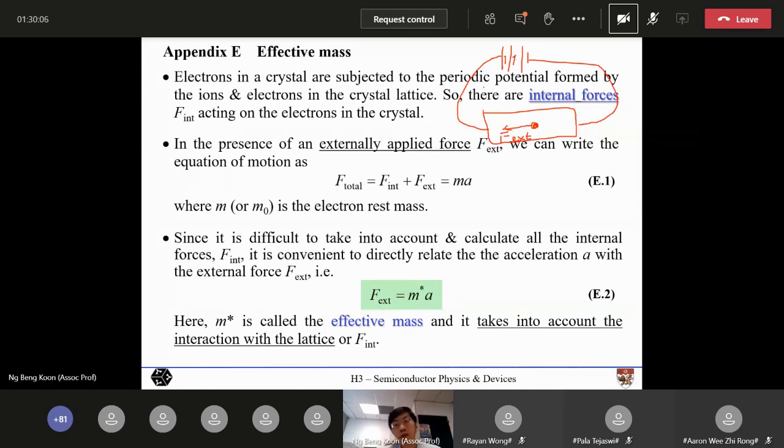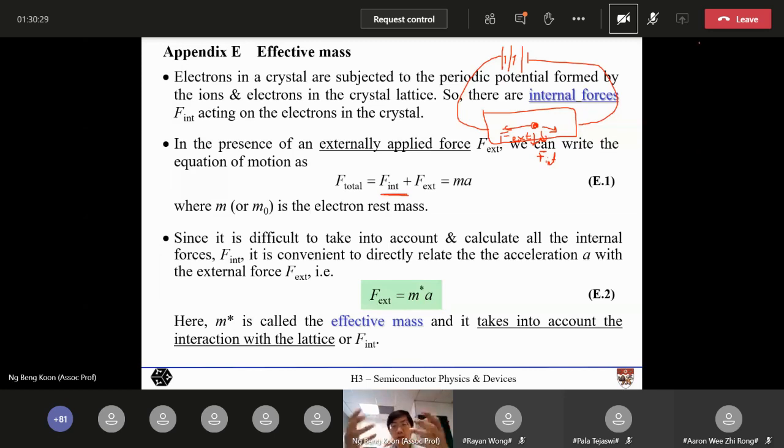And internally, because the electron is also passing through a lot of atoms which have nuclei that exert some force on it, it will also experience what we call internal forces. There are multiple internal forces, so collectively we just write a single term, F internal.